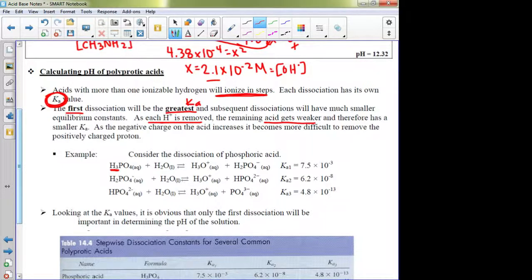When the acid gets weaker, it's not going to give off as many hydrogens, so that gives us a smaller Ka. The more negative an acid becomes, the more difficult it is to remove that hydrogen.